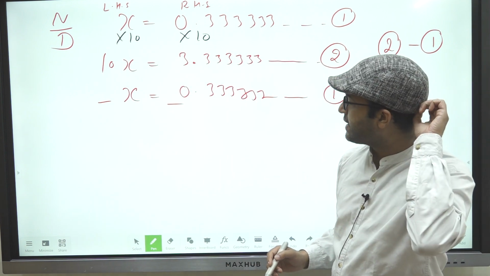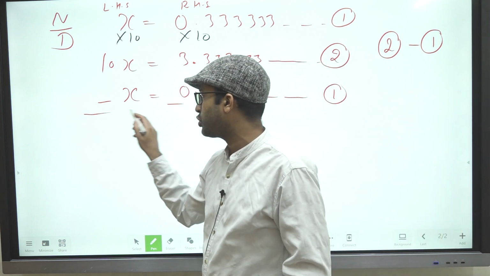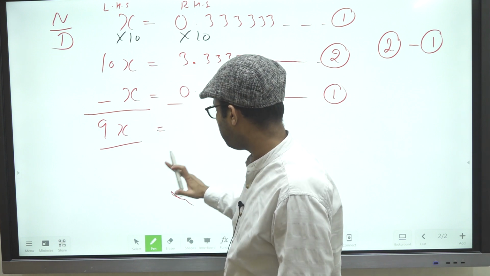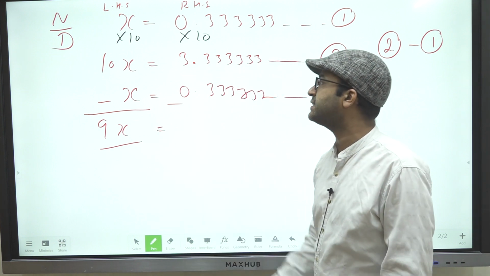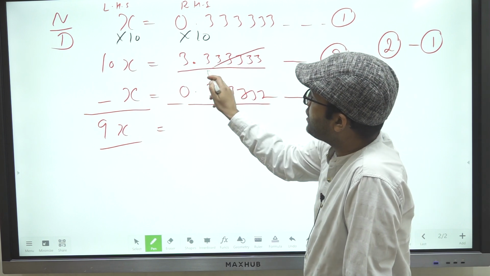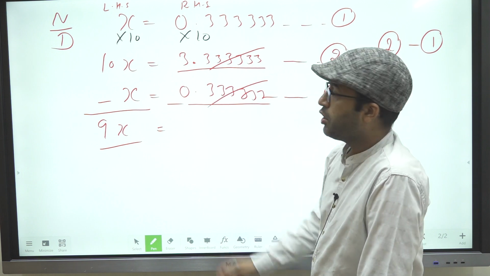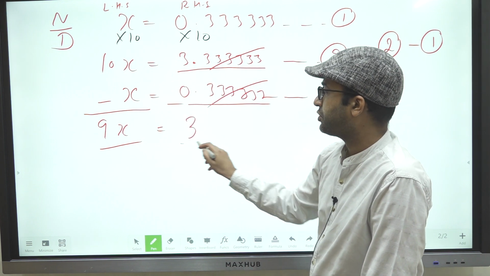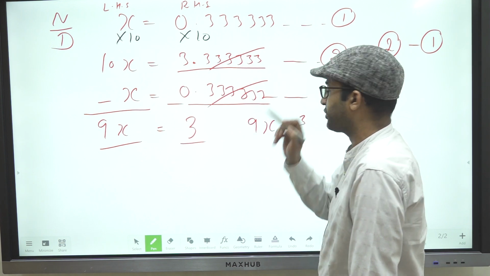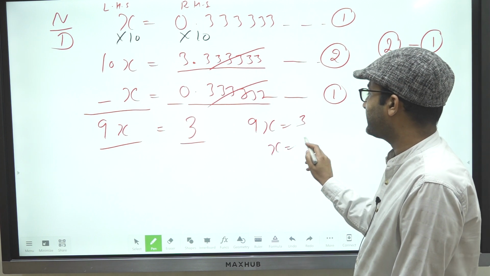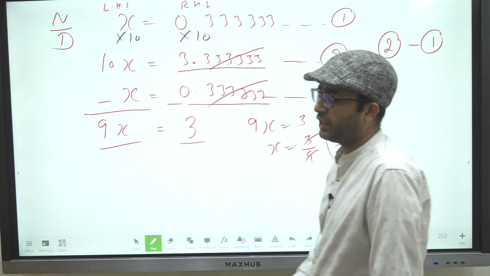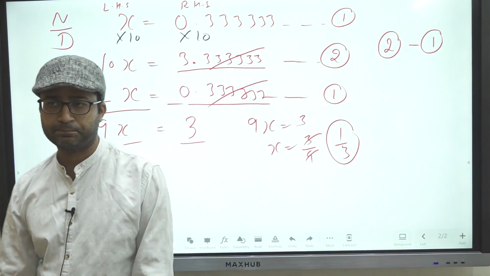The left hand side, 10x minus x, gives 9x. On the right hand side it is 3.333 minus 0.333. The part after the decimal is exactly the same, so this is 3 minus 0, we get 3. So 9x is equal to 3, which means x is equal to 3 by 9, which is 1 by 3. So this is the fraction value.